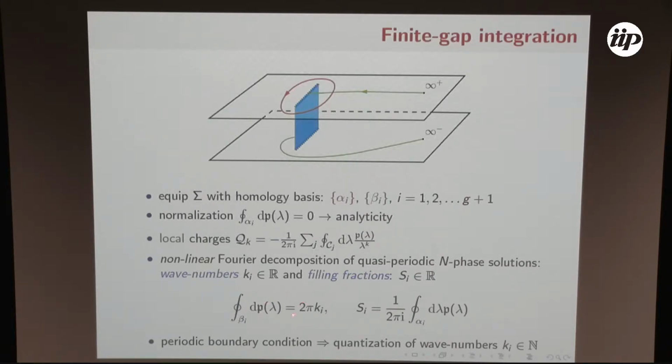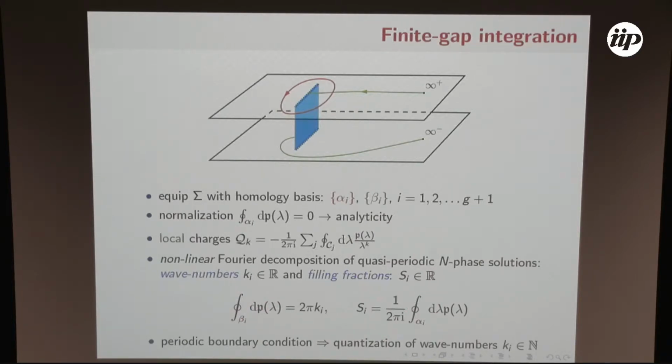It is not really important how they look in the configuration space. What is important is that there exists a notion of a wave number. And to each wave present in the solution, you associate also its intensity. This filling fraction is basically the intensity of a given wave, and it is obtained by taking the beta cycle of the differential and one alpha cycle. So it's a very nice construction.